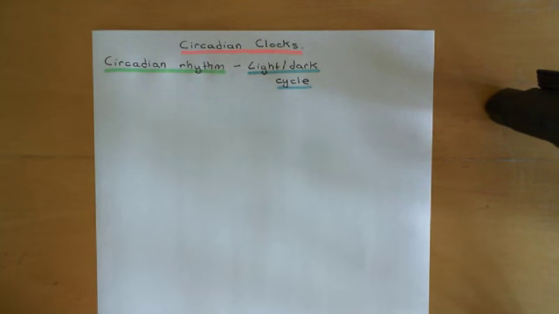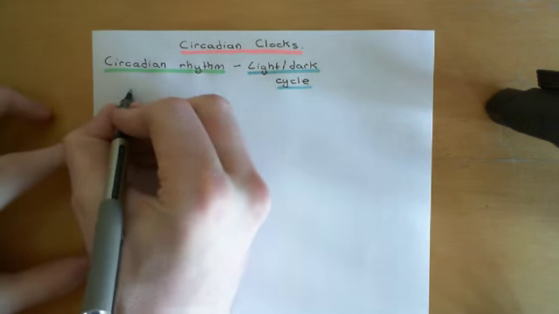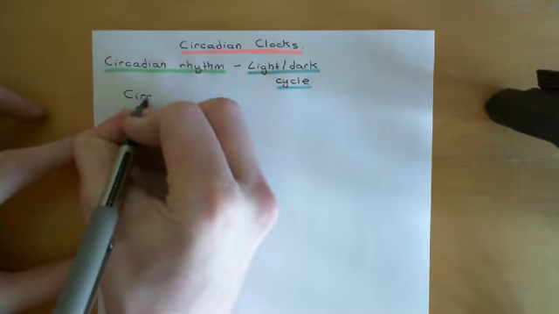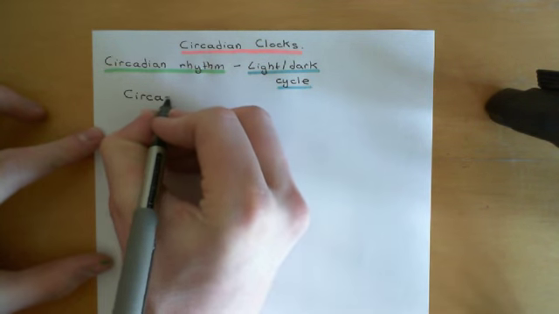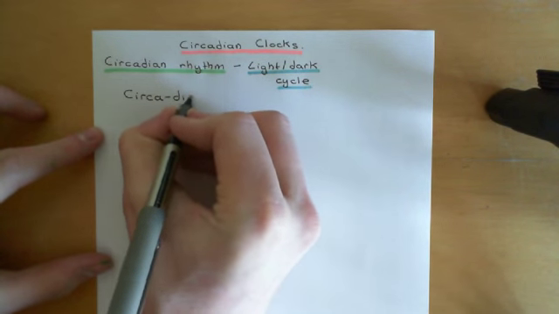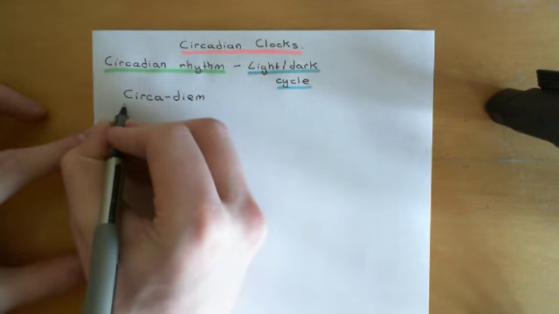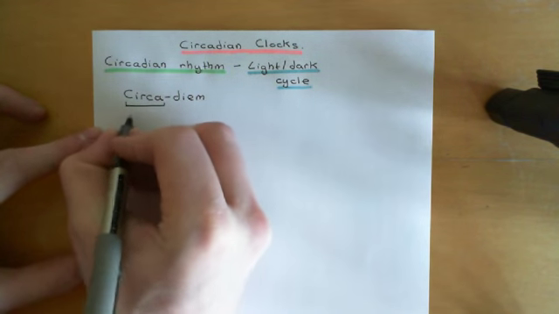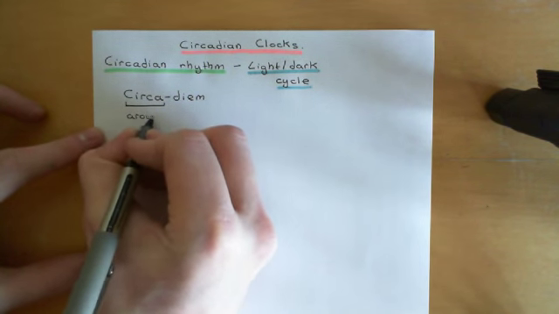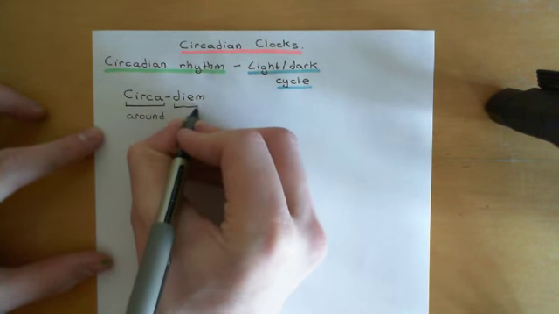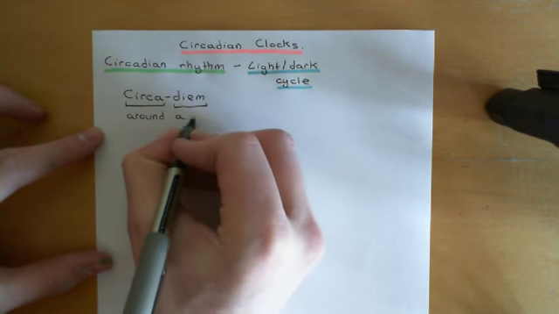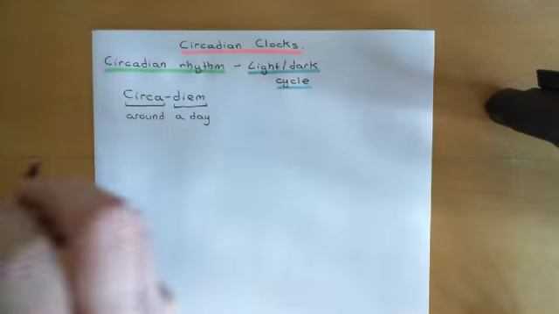Now, before we move on to the relevance of this to biology, let me just tell you what circadian actually means. Circadian is derived from two Latin words, circa and diem. Circa is Latin for around, and diem is Latin for a day.